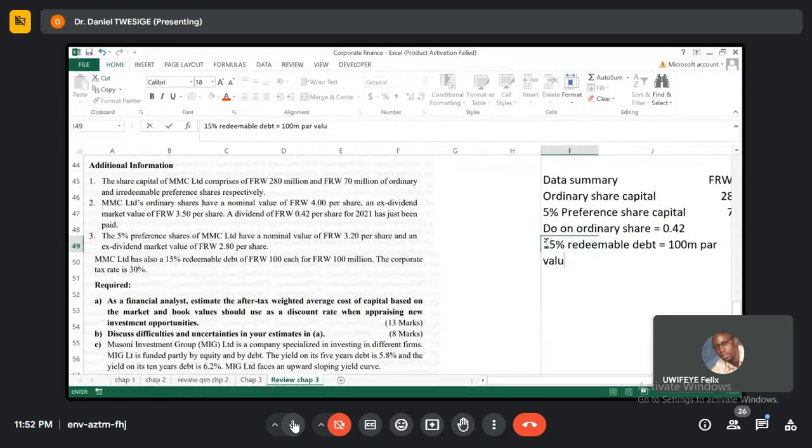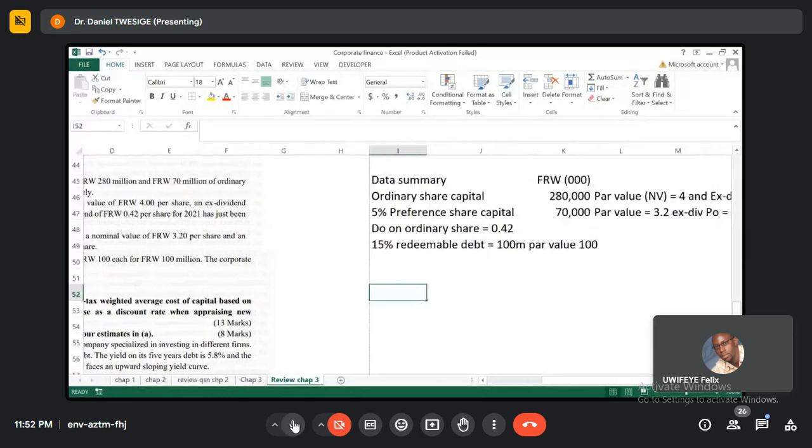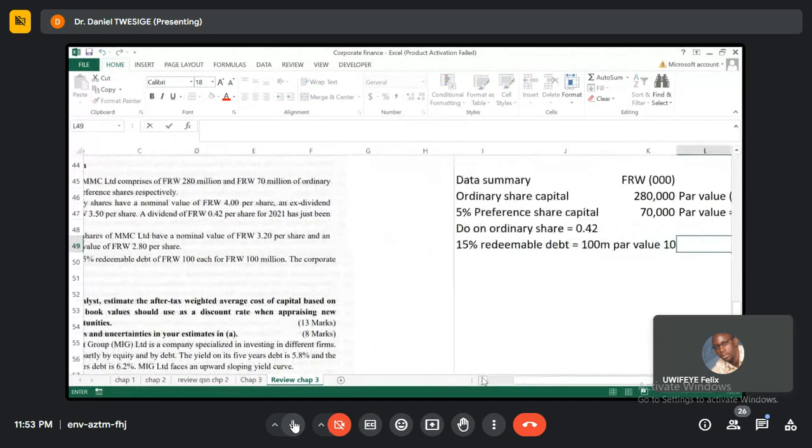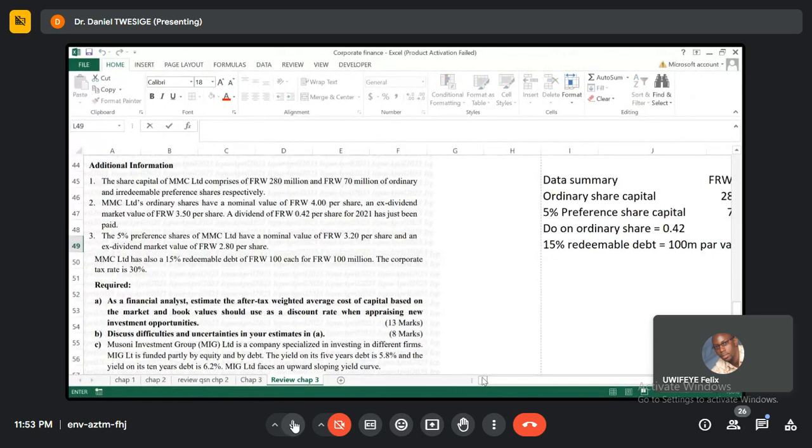Par value is 100. So now they want us to... How is it going to be redeemed? The information is silent.